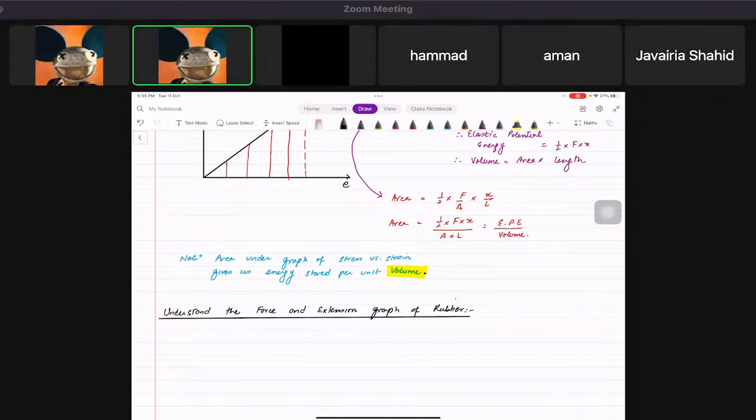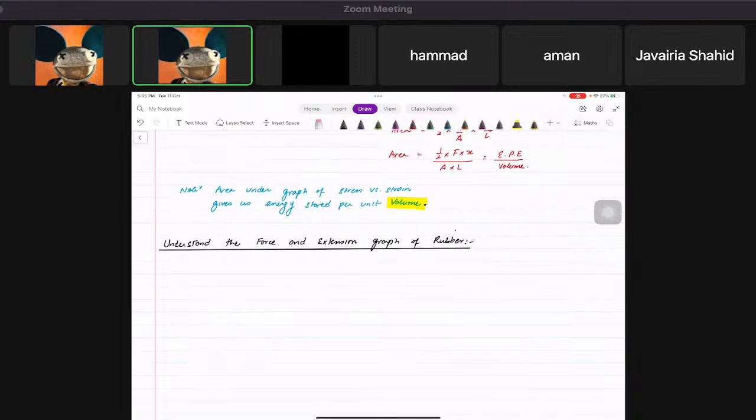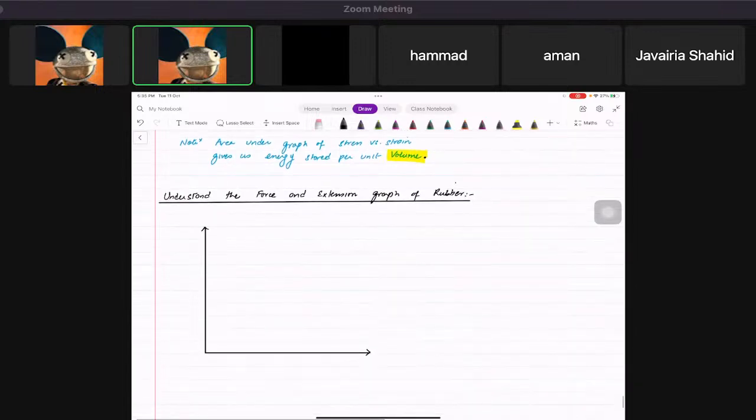So basically, when you load the rubber, it shows you a very unusual sort of extension like this.